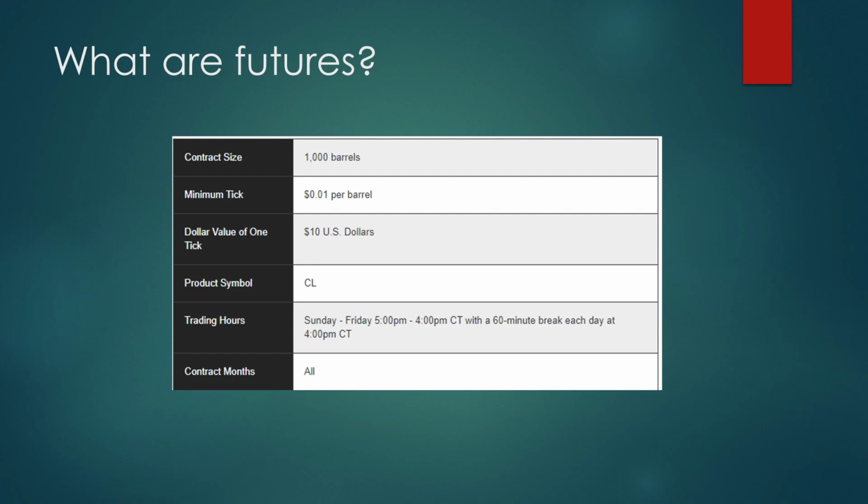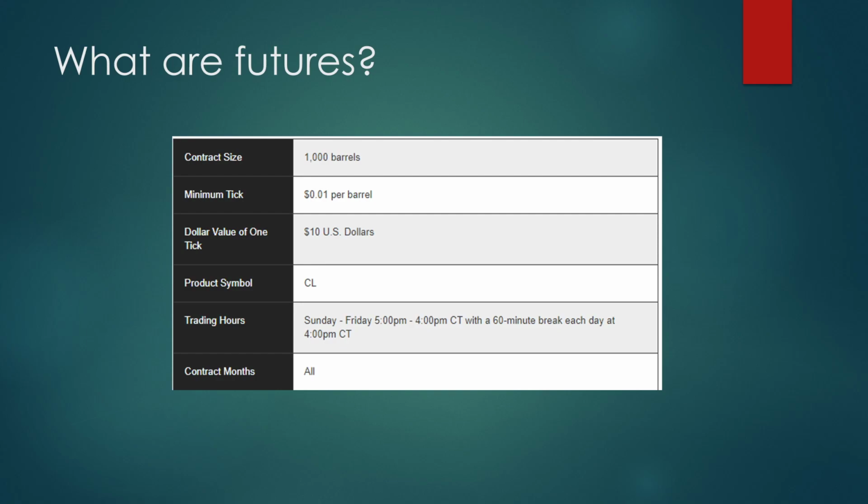And this market allows people to buy and sell and exchange and facilitate trade with these crude oil contracts. So if you want to buy oil, if you're a gas station or someone who needs this light sweet crude oil, then you can go and buy them using this exchange.